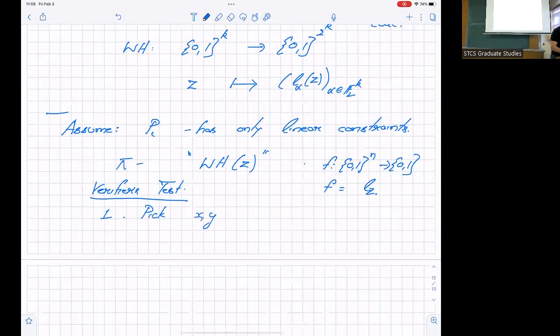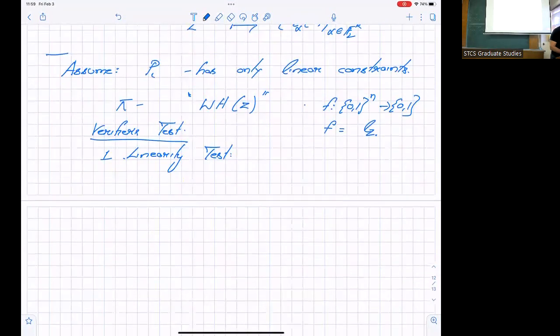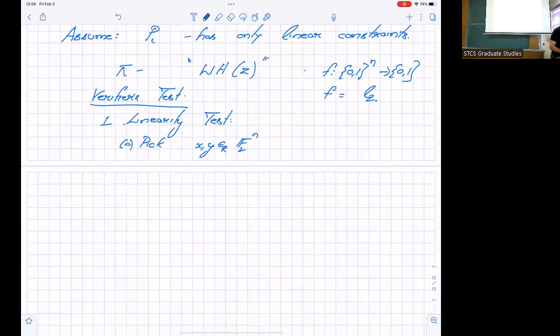Pick x, y at random. You first do the linearity test. It has several parts to it. One, the linearity test: you pick x, y at random from F_2^n, and you query f at x, y, and x plus y.